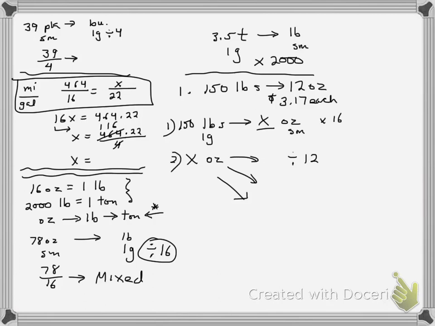And once I've got, let's say, Y packages, what would I have to do? I'd have to multiply that by the price per package. So take that Y and multiply it by 3.17 to get the final amount in dollars. So a 3-step process. Think about it carefully. Make sure you can duplicate that on your own.